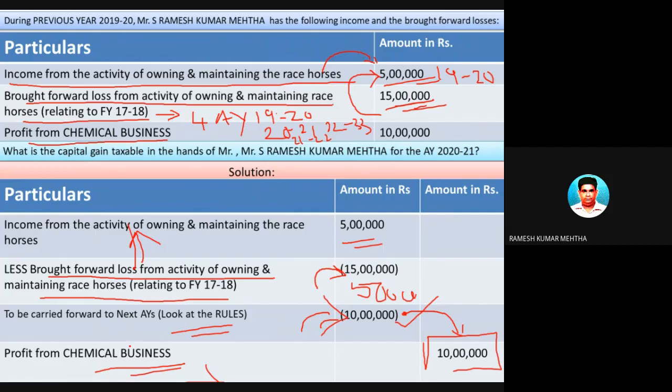So that's the reason why we can't set off this loss of 10 lakh rupees against this income from business, which is profit from chemical business. Hope you have understood. So in this case, the total income of the assessee Ramesh Kumar Mehta is only 10 lakh rupees.